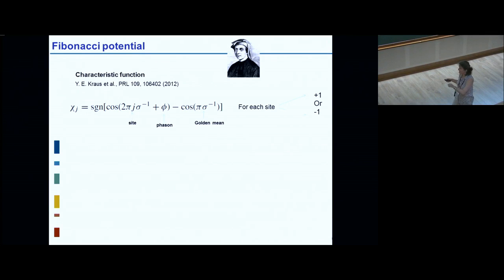So you consider that you want to put n sites from j equal 1 to j equal n. And for each site, you calculate this number. And phi is a phase that you can choose as you want, which is called the phason. And so you will get a number, either +1 or -1, for each site. And this sequence of +1 and -1 will obey the Fibonacci sequence.